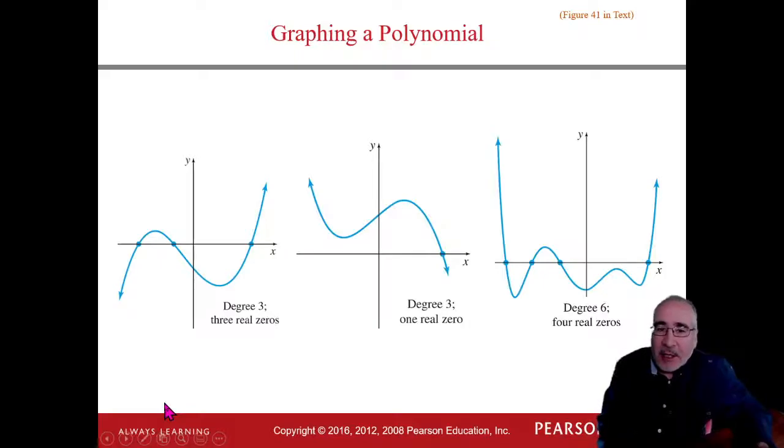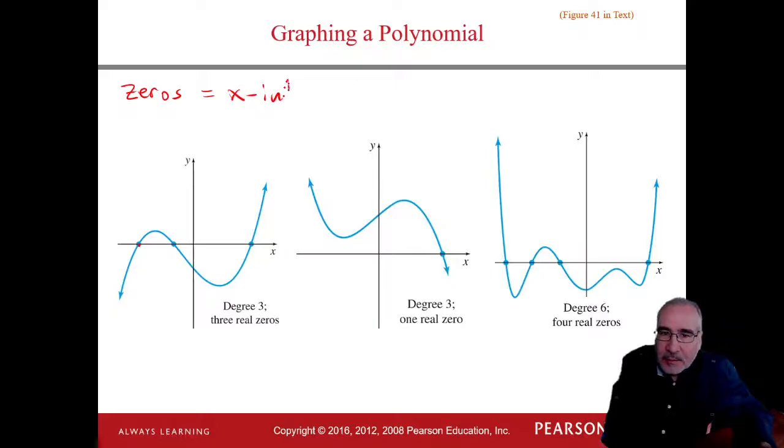When we're graphing polynomials, one of the things that are important are these parts in between. So we want to find zeros, which are x-intercepts. And again, because the x-axis itself is some kind of a boundary place, it's the boundary between positive and negative y's.